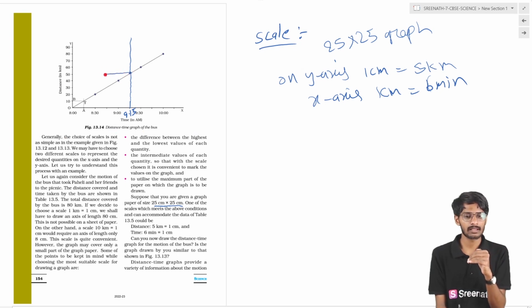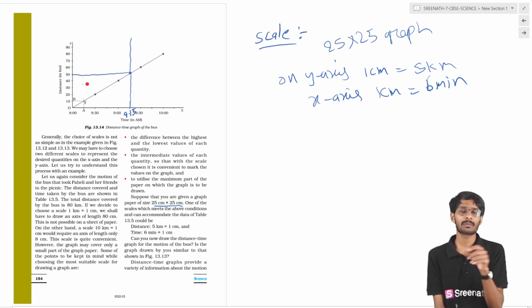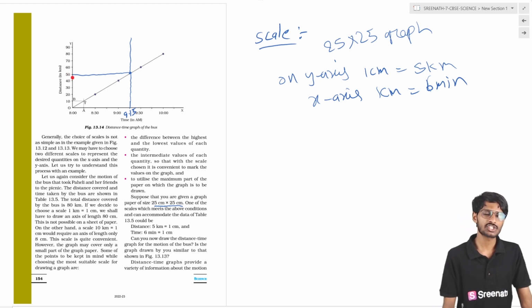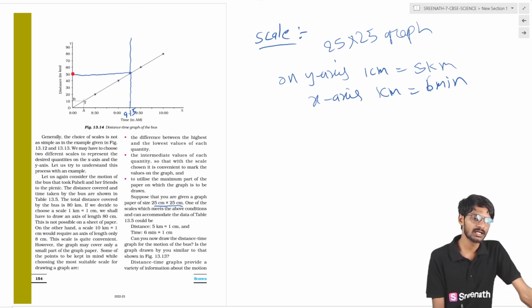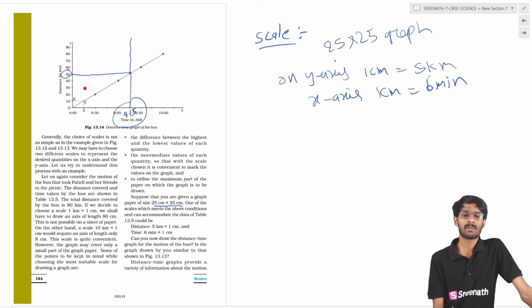So this line will meet the distance axis at some point. Suppose it has cut at 50 kilometers. Then the distance at 9:15 a.m. is 50 kilometers. So by simply doing this by graph you can easily find out.